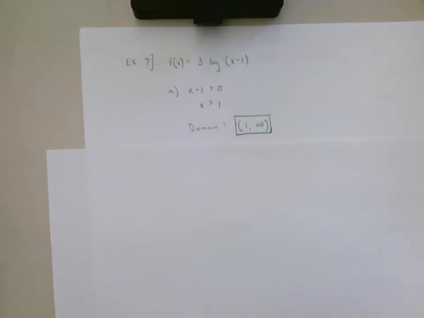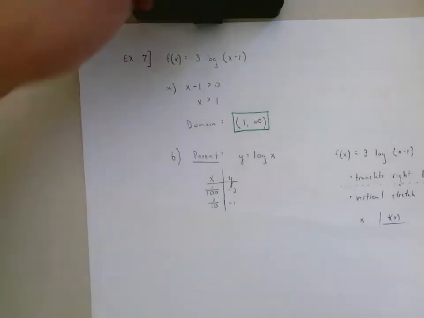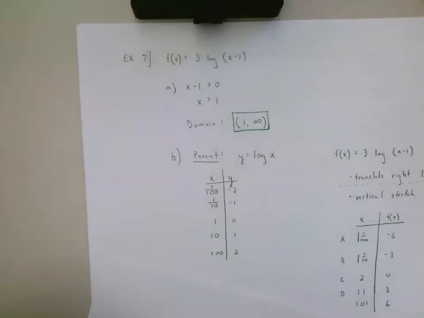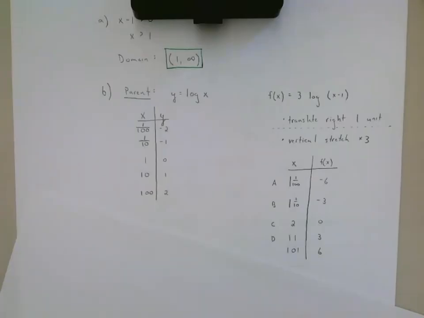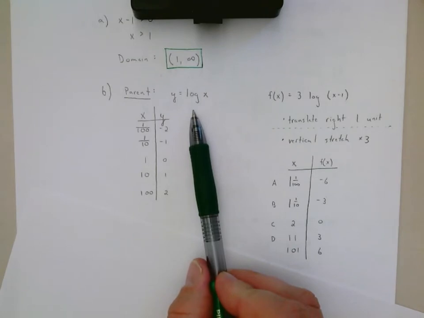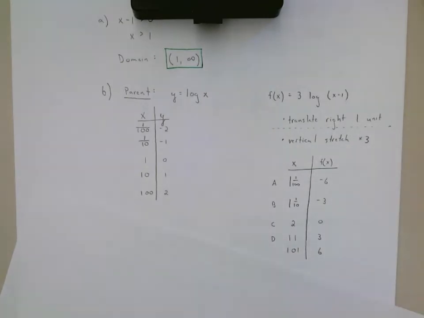The next step is relatively lengthy. It's our work finding tables of values for the parent common logarithmic function and the transformed function from example 7. I got my values for the parent function by switching the x and y coordinates of the function y equals 10 to the x power.